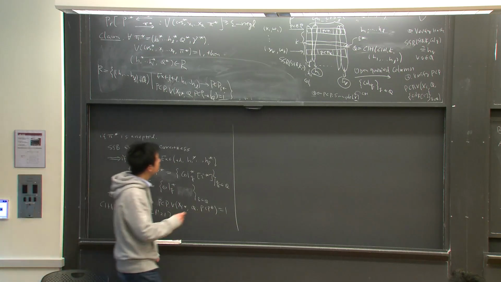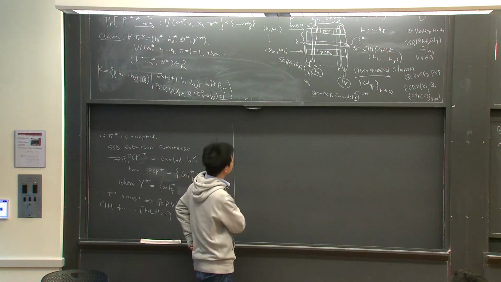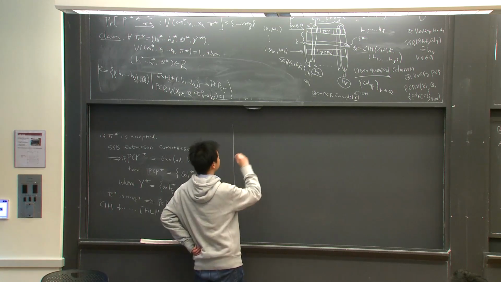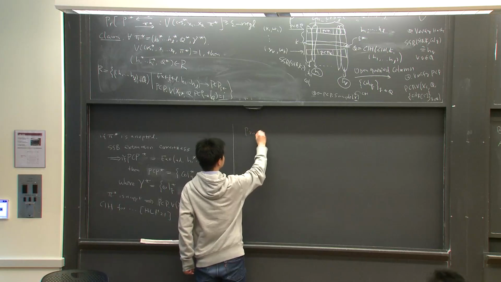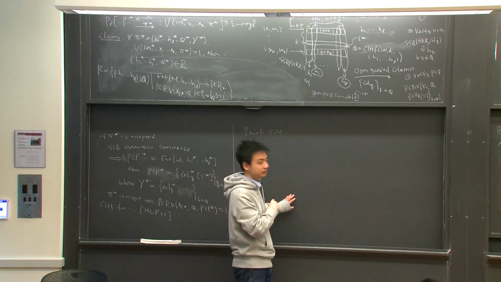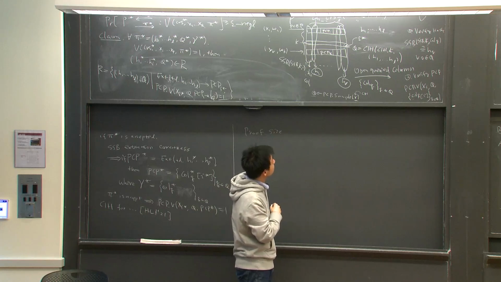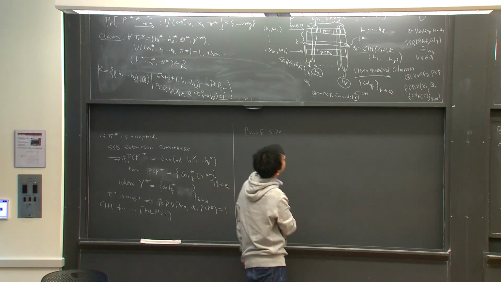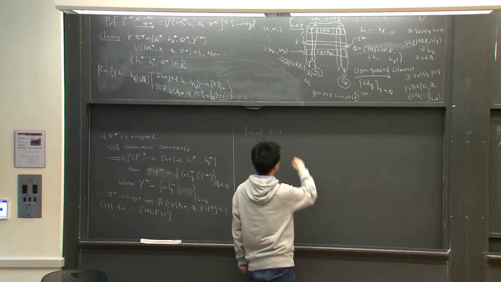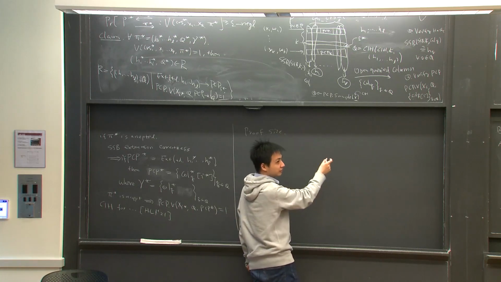Now we have a construction of SNARKs, but let's see what the proof size for this SNARK is. The proof size consists of the first message and the third round message. The first round message consists of L hash values.